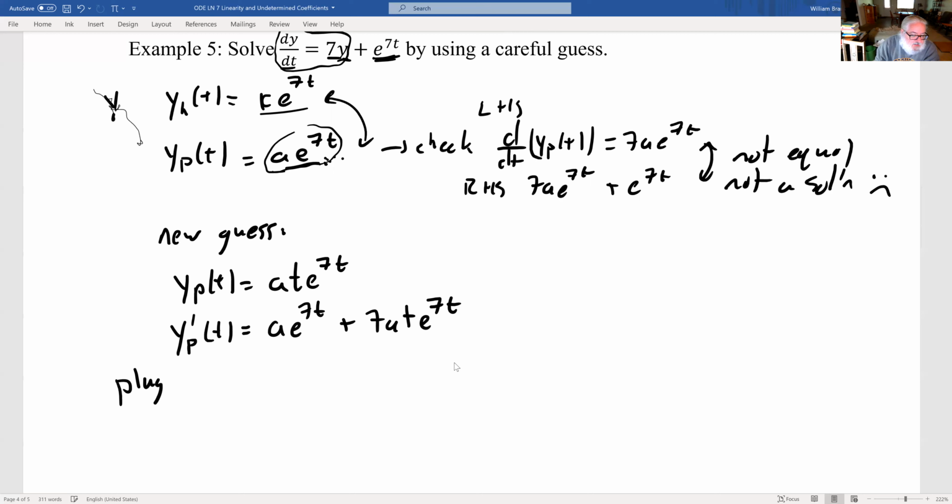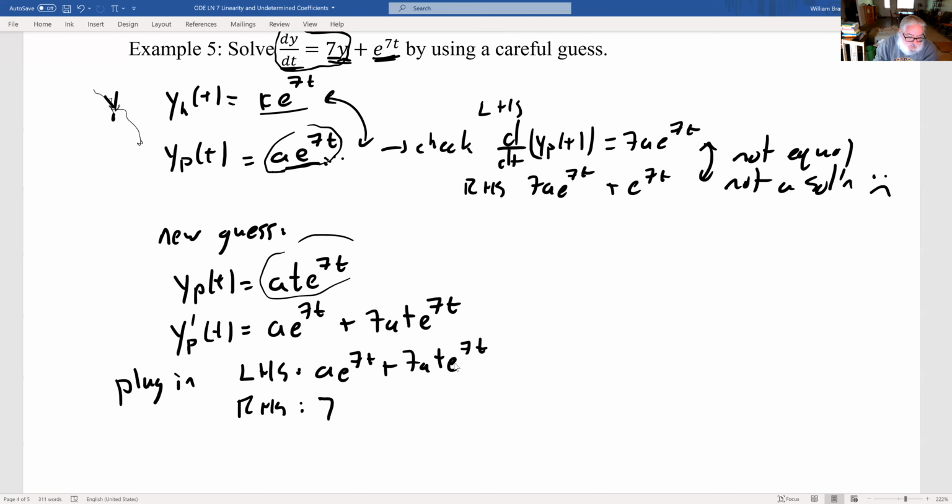So now when we plug in, the left-hand side is the derivative, which we just have here, a e to the 7t plus 7at e to the 7t. And the right-hand side is 7 times y, which is 7 times this, plus e to the 7t.